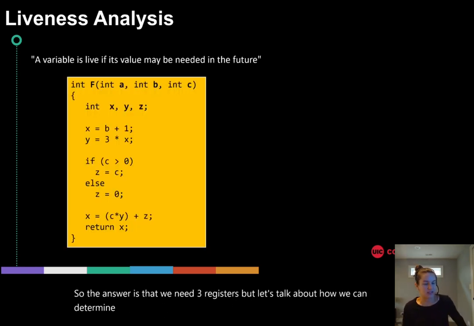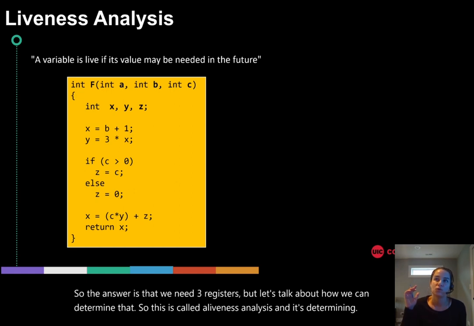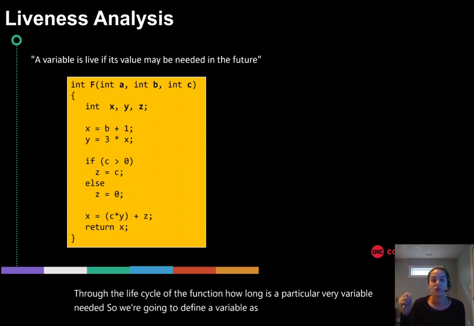This is called a liveness analysis, and it's determining, through the life cycle of the function, how long a particular variable is needed. We're going to define a variable as live if its value is still needed in the future.